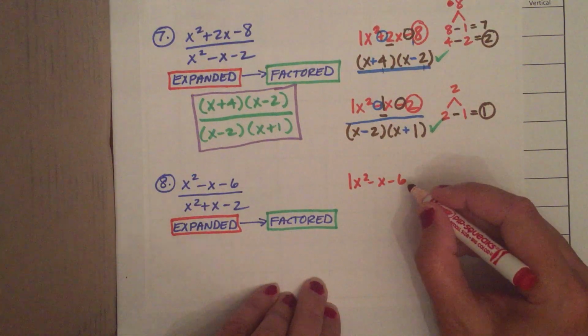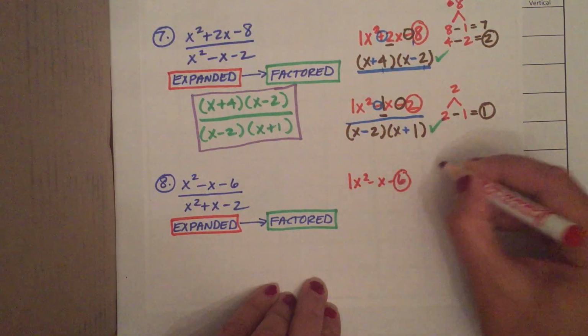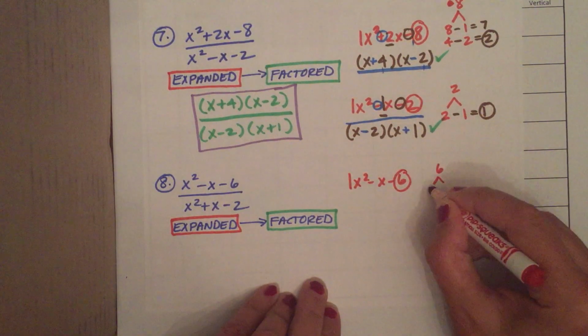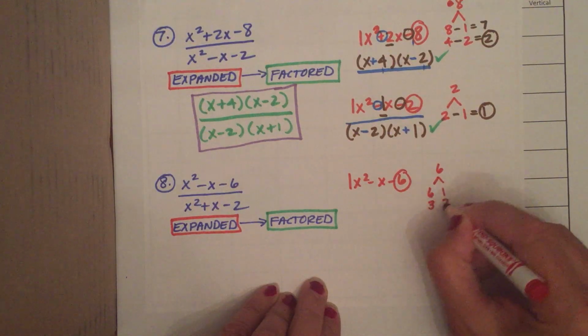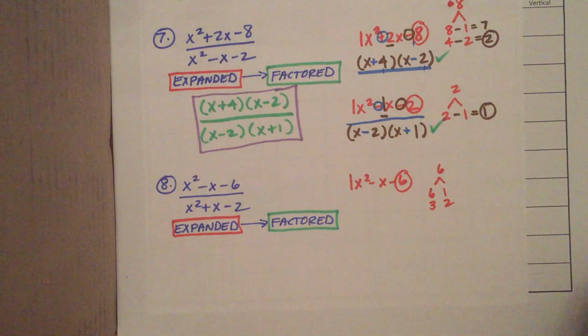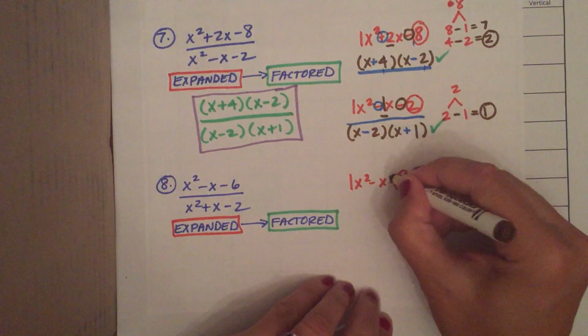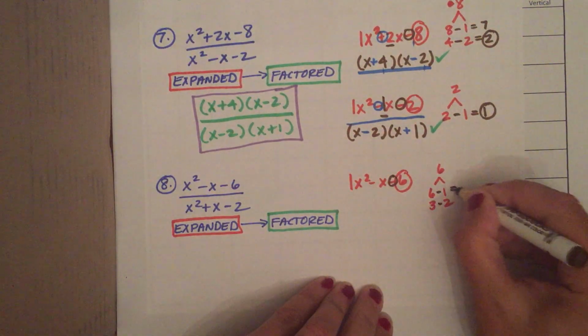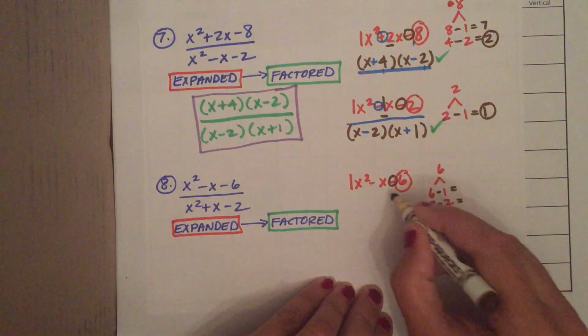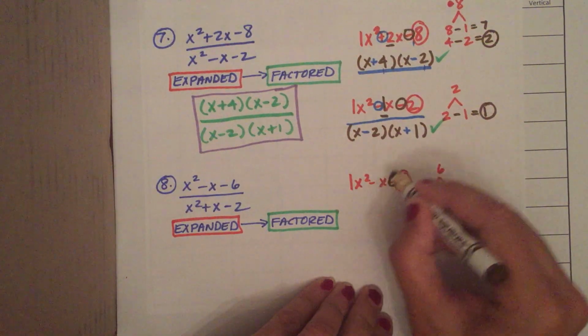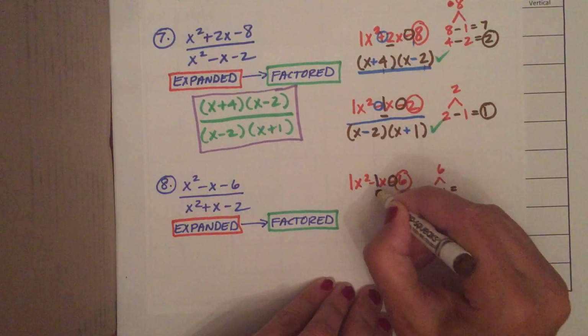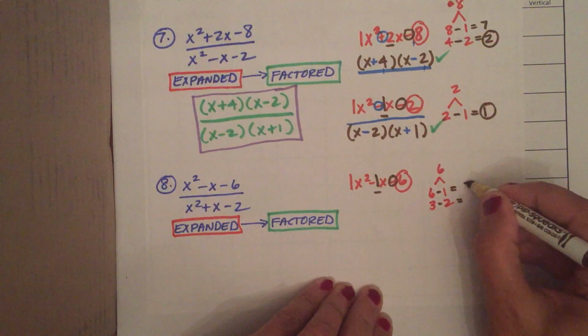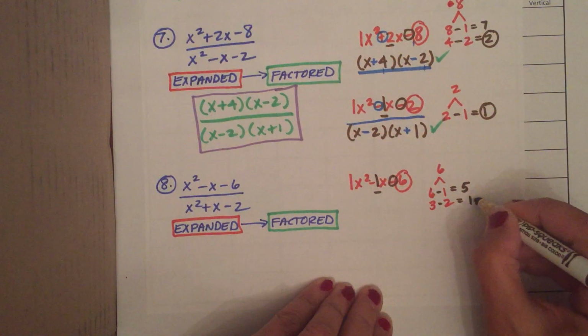So I'm going to take my c value, which is 6, I'm going to factor it, and it's 6 and 1 and 3 and 2. I'm going to look at the sign of my c value, which is negative, to determine what I'm going to do with these factors. I'm going to look for a difference of these factors that gives me a b value of 1, because that's 1x. So 6 minus 1 is 5, 3 minus 2 is 1.